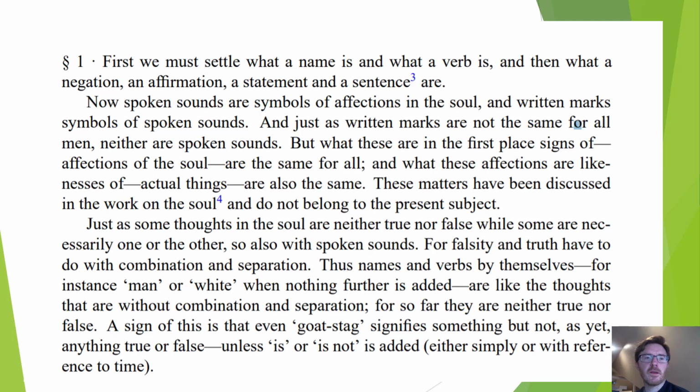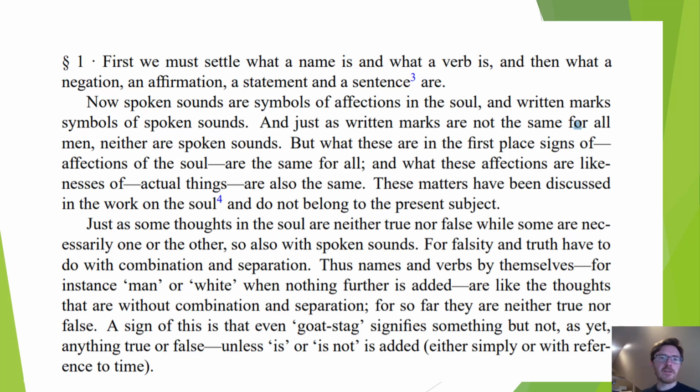This is the very beginning of this text, which means On Interpretation, but it's basically a work of logic. It's one of Aristotle's logical works where he tries to understand what meaning is, how meaning is established, and in particular how sentences work, how language works, and how language communicates meaning.